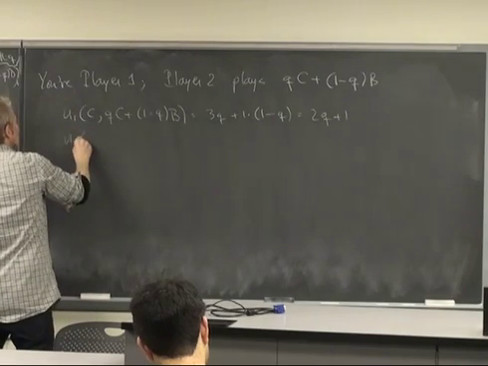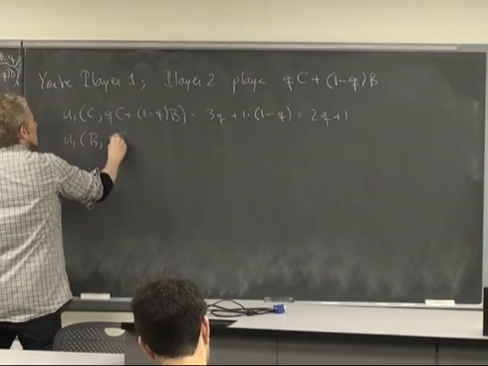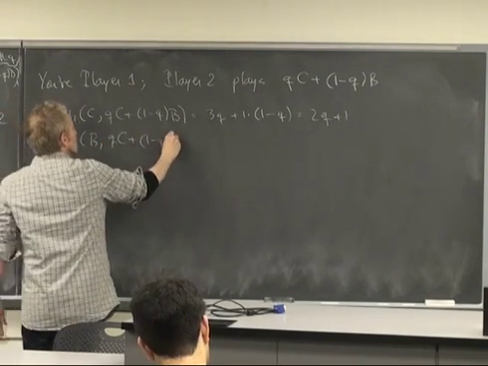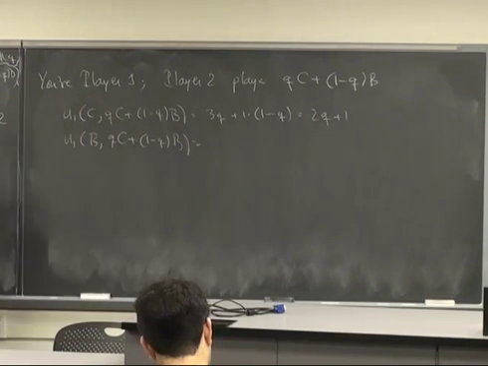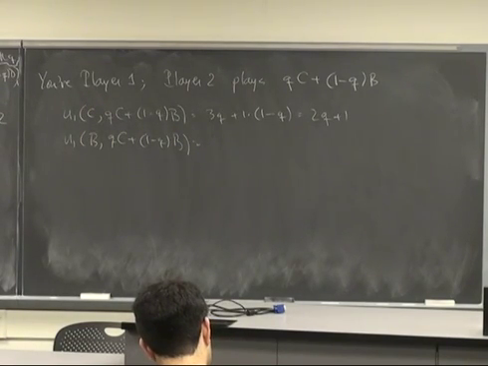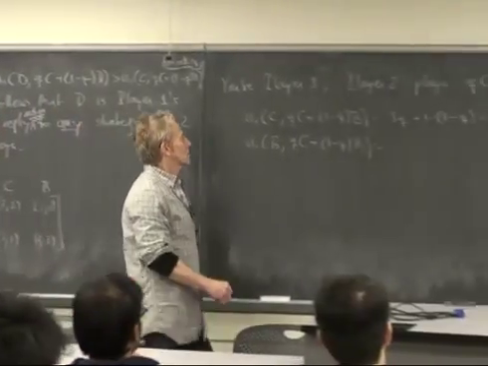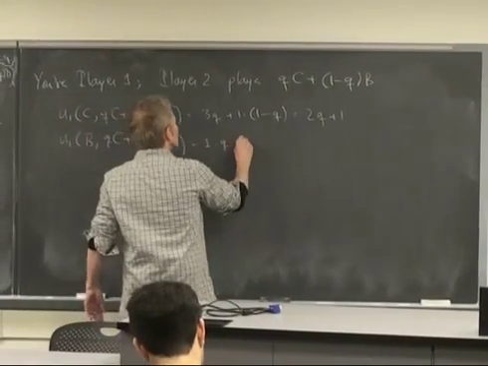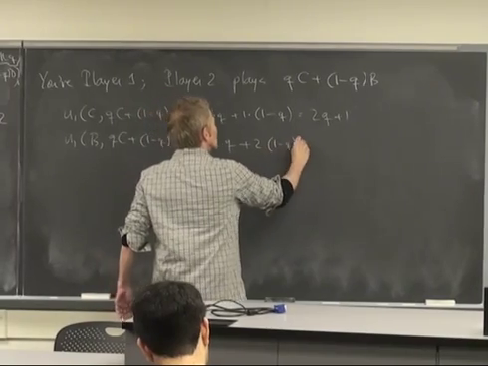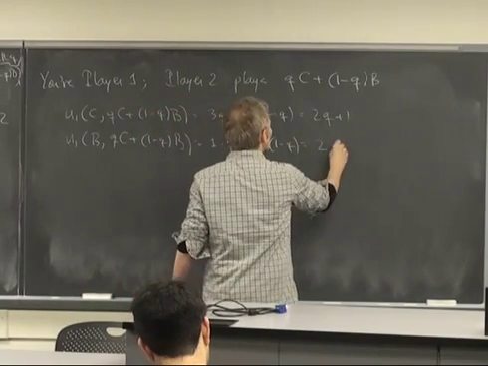And what's your payoff to playing B against that? Yes, exactly. So it's going to be 1 times Q plus 2 times 1 minus Q, and that comes out to be 2 minus Q.